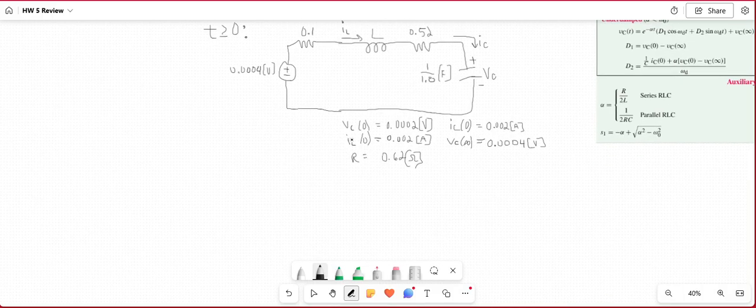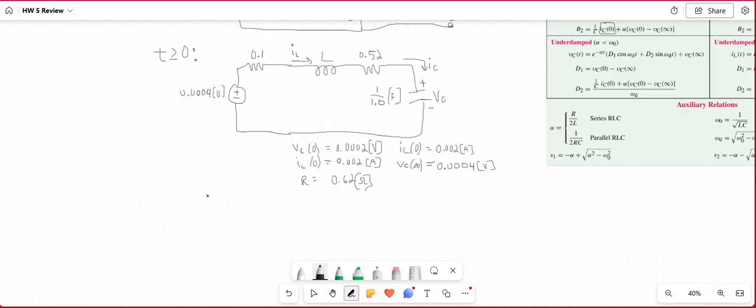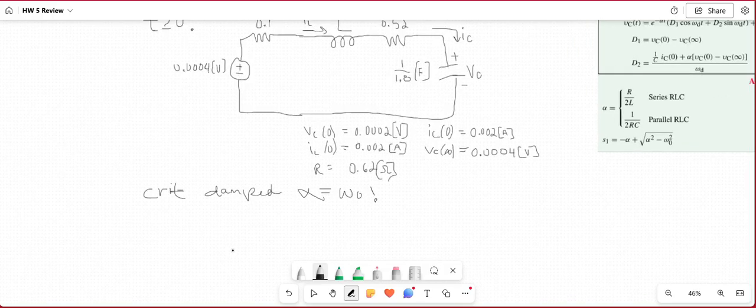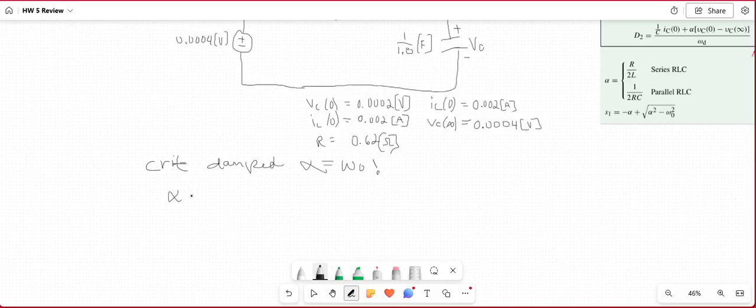So we know it's critically damped, so alpha equals W naught, right? Alpha equals R over 2L. We don't know what L is. And W naught equals 1 over square root LC.